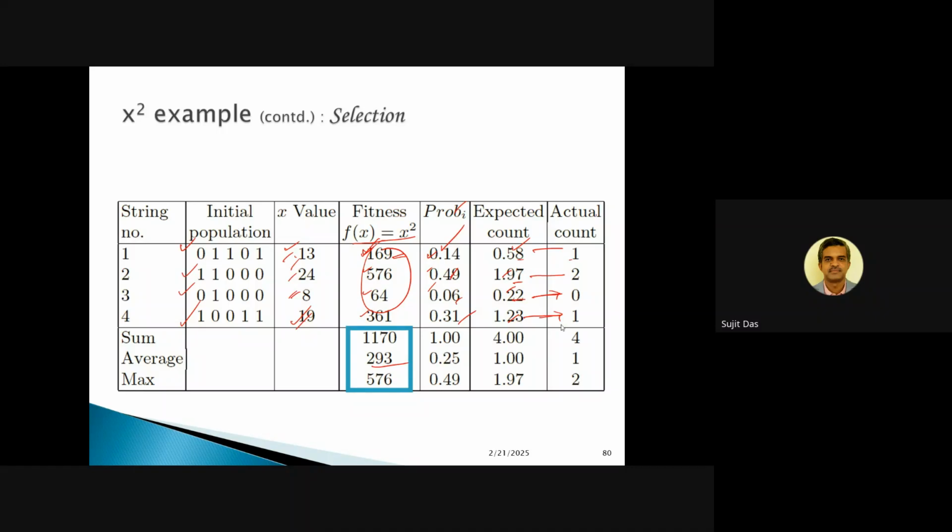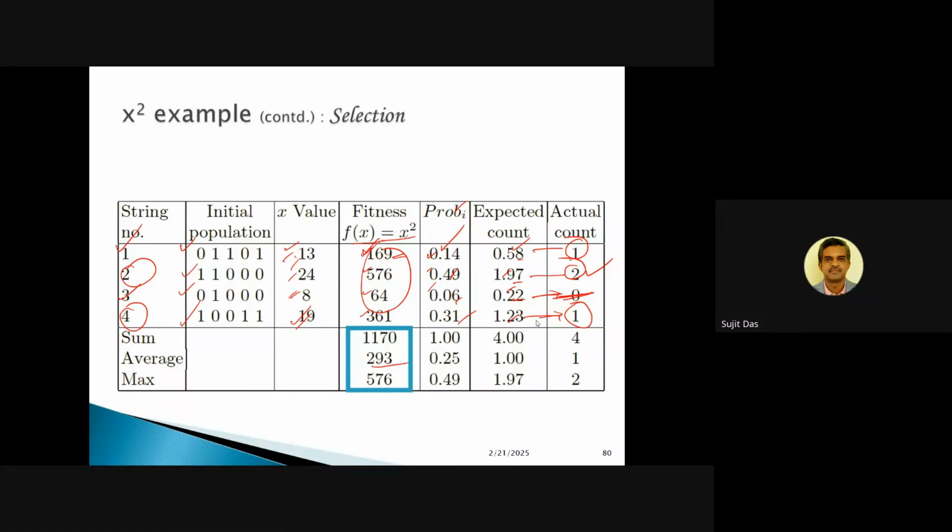What does it mean? Now see the important situation. It means that after natural selection, solution number will be copied in what number? Solution 2 will be copied in 2 number. Solution 3, discard, no copy, 0. Solution 4, copy only 1 number.